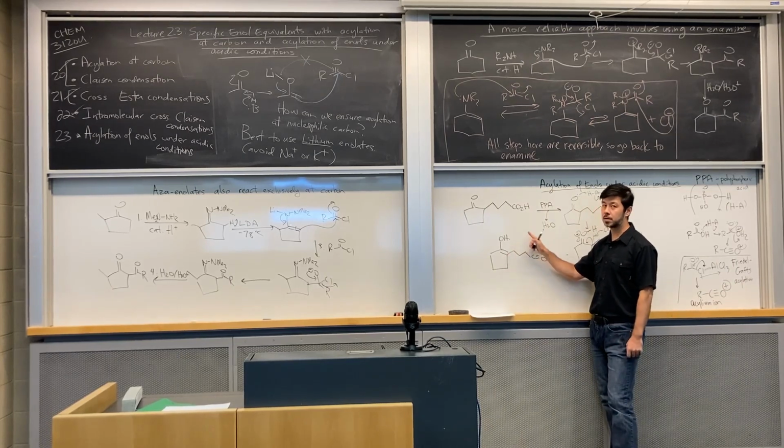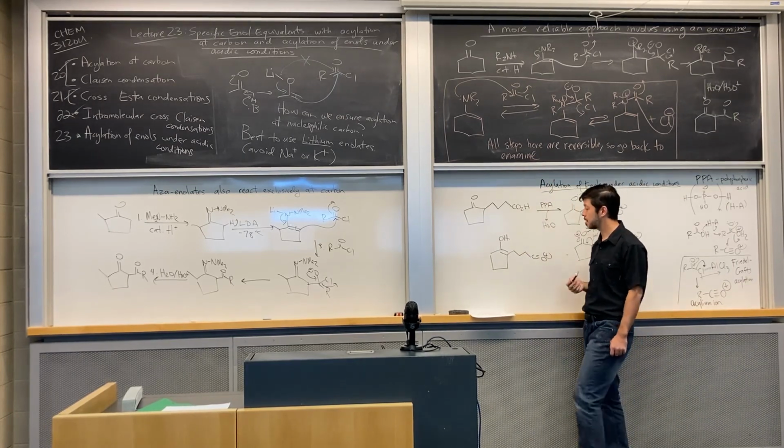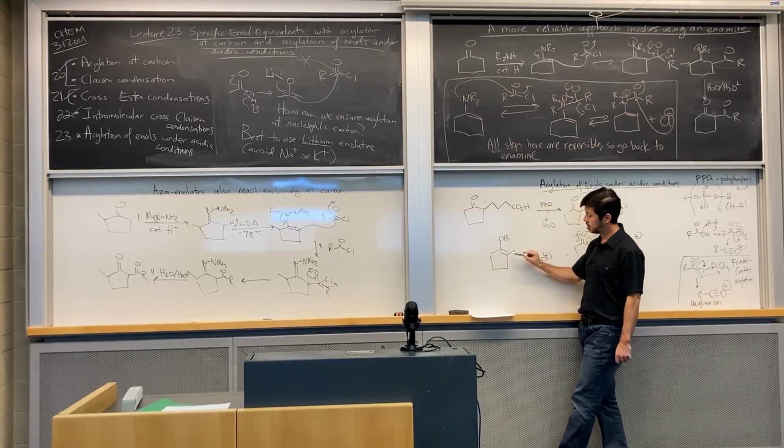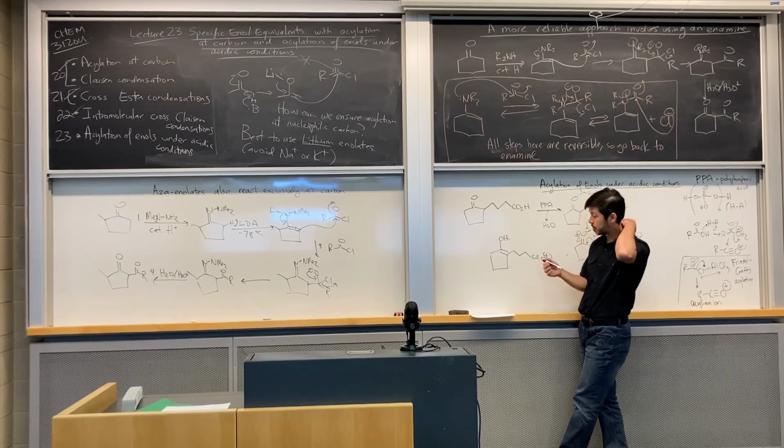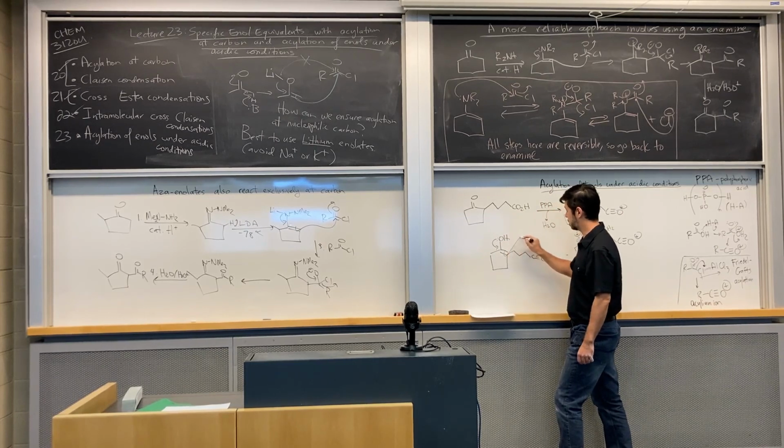If these were to react intramolecularly, and recall the discussion we had in lecture 22 on intramolecular reactions, first look for any potential rings. So if this carbon reacts, 1, 2, 3, 4, 5-membered ring. 5 and 6-membered rings are good. So let's take a look at what that will look like.